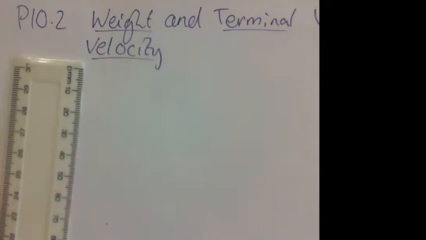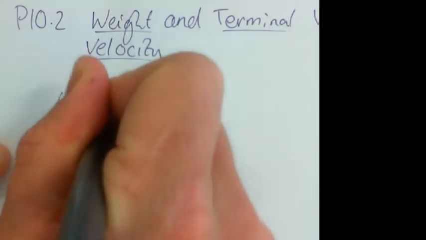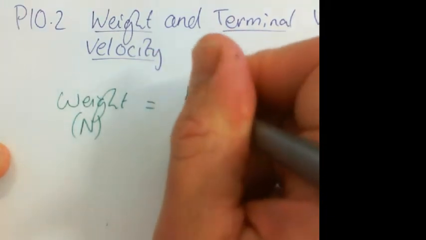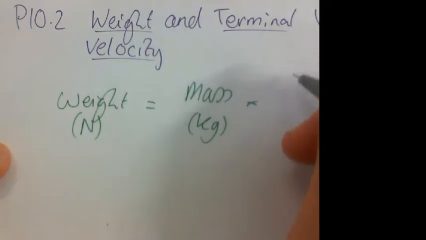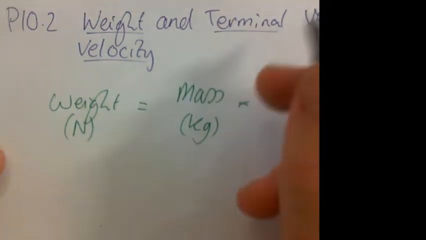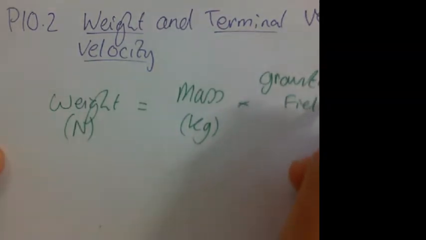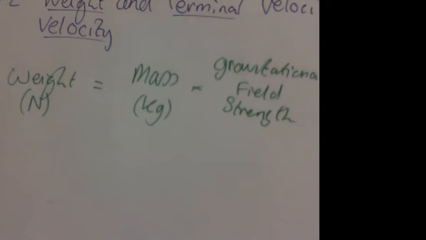So if we take a look at what weight actually is to start with, we'd say that weight, which is measured in newtons, so that's the force aspect of it, is equal to your mass in kilograms times by the gravitational field strength, which we call g, which you can assume to be 10 unless you're told otherwise.